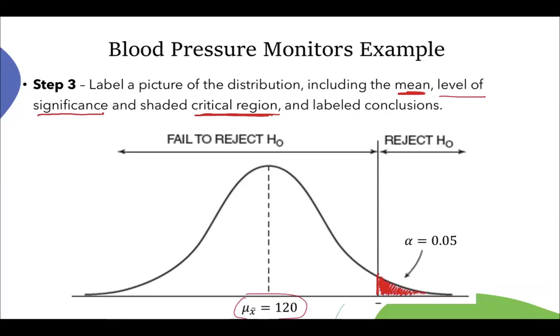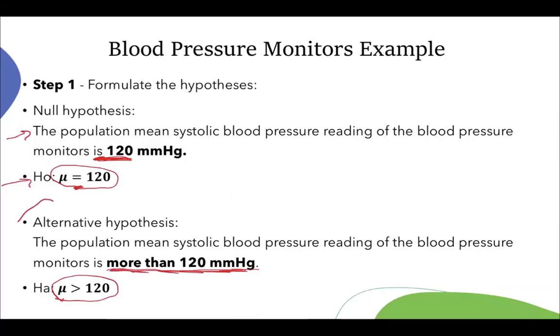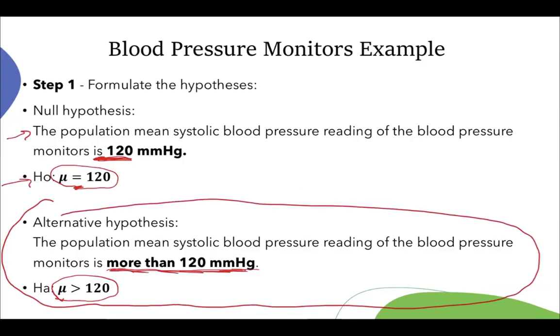Now, why is the level of significance on the right-hand side instead of the left-hand side? That all is determined by the alternative hypothesis. Going back to the alternative hypothesis, the counterclaim is that the blood pressure readings are more than 120.